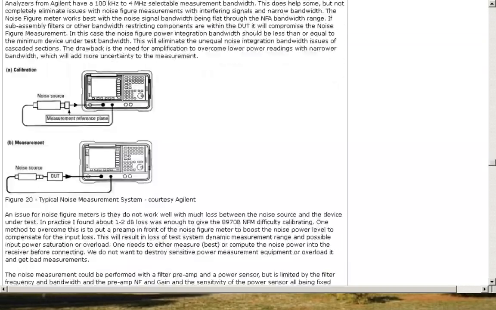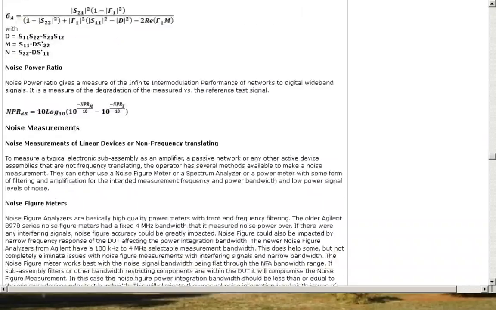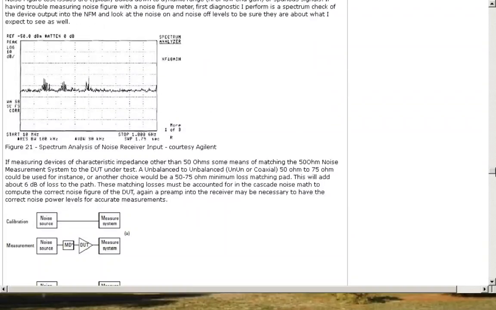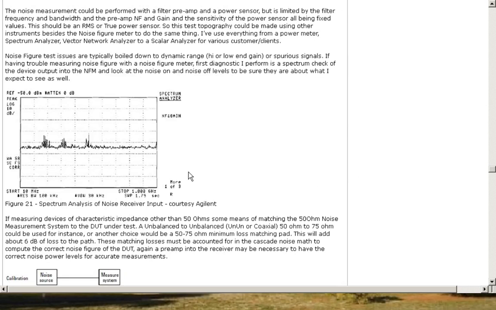So in other words, let's say you have a receiver. You load the receiver down with a load so that there's nothing coming in, and you take an average reading of the noise, or of the signal at the audio output.